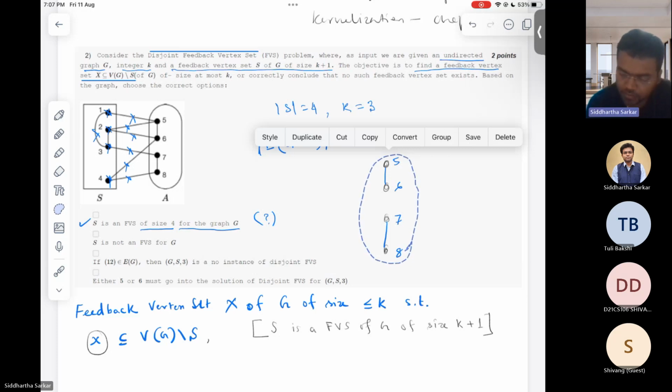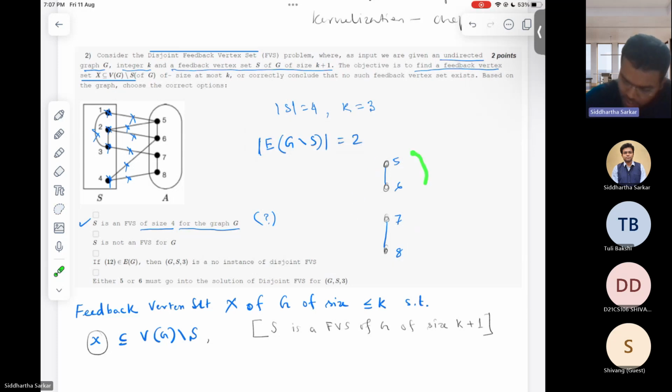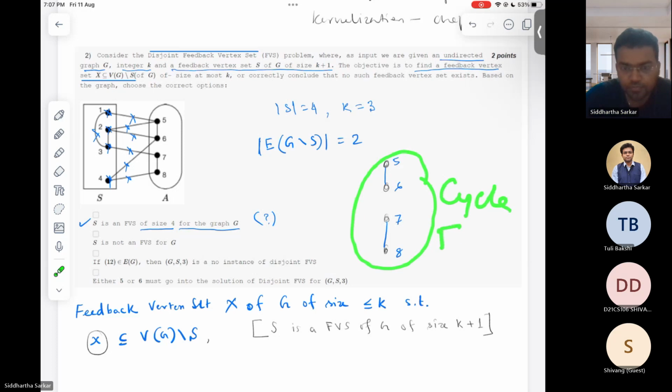So therefore, as we can see, there is no triangle and no quadrilateral. So we can straight away conclude that it is a cycle-free graph. There's no cycle.